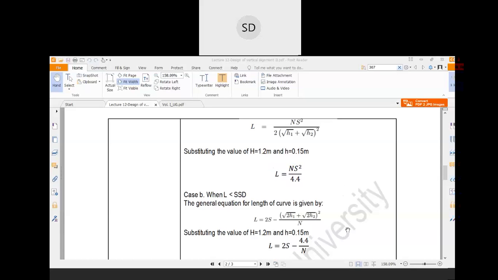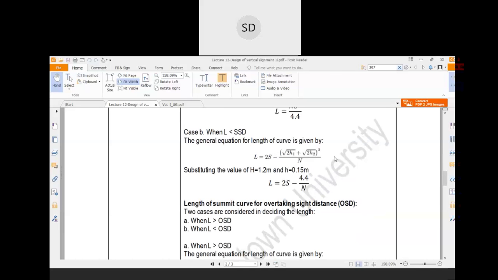Now what is the second assumption? That your length is lesser than the stopping sight distance. So if you consider the length to be smaller than SSD, then your final equation would be L equal to 2S minus 4.4 divided by N, where S is the stopping sight distance and N is the deviation angle.